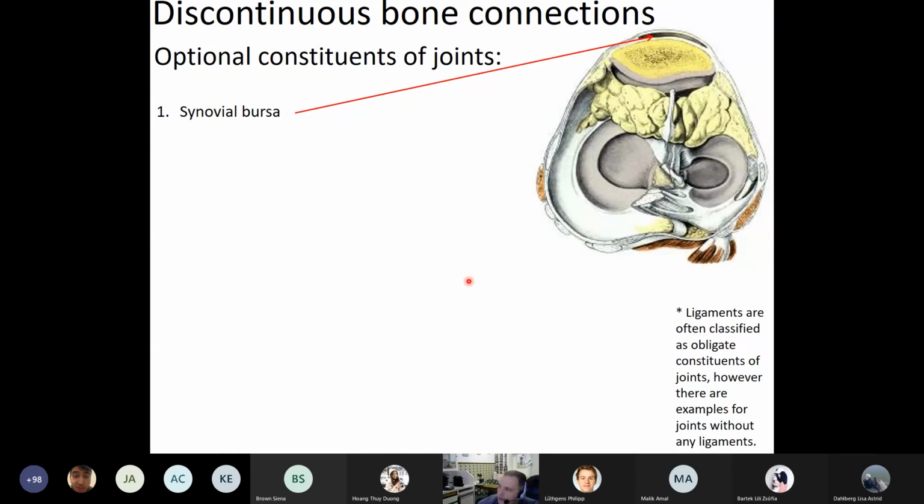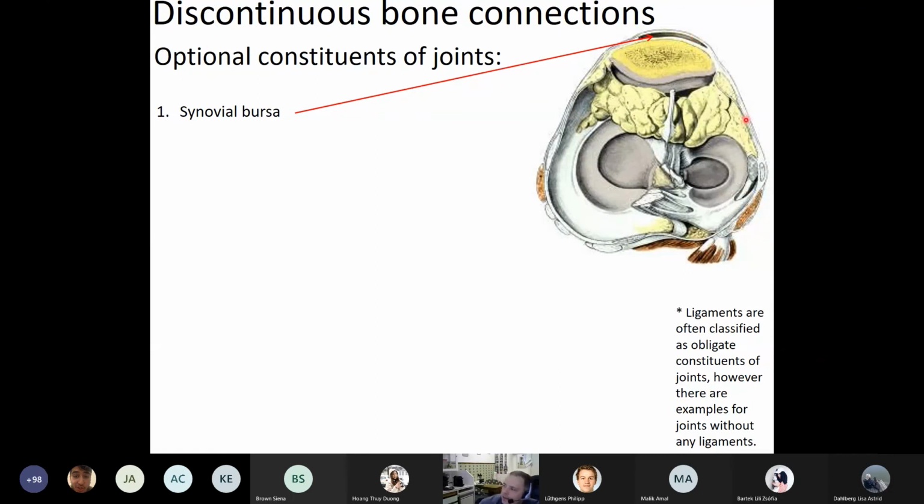The synovial bursa is typically a structure that has a synovial membrane, and inside you have a fluid that will, similarly to the joint cavity, the articular cavity, reduce the friction on the surfaces. And these structures are in the neighborhood of larger joints, where they allow the movement of tissues on bony surfaces.